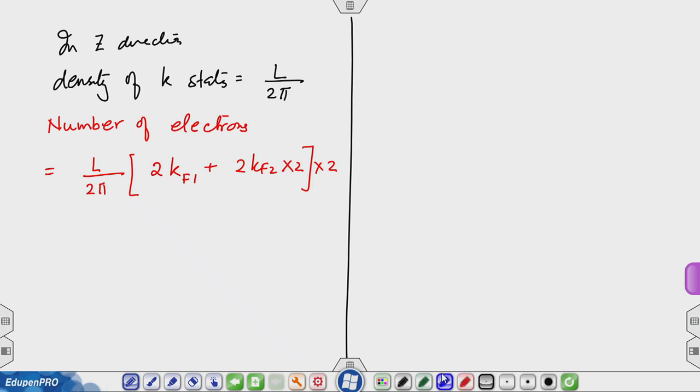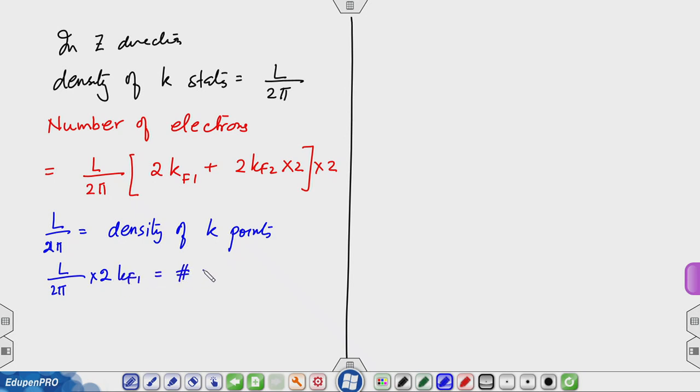So, let me write what each term means. In this, L over 2 pi is the density of k points. L over 2 pi times 2 k f 1 is the number of k points in n x equals 1 and n y equals 1.